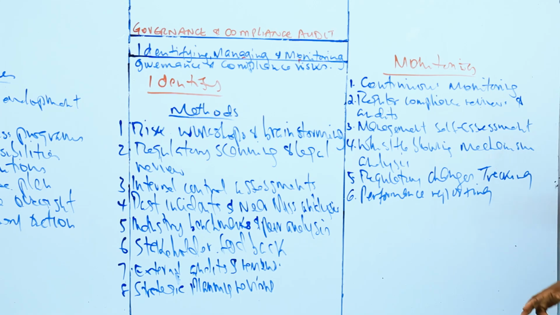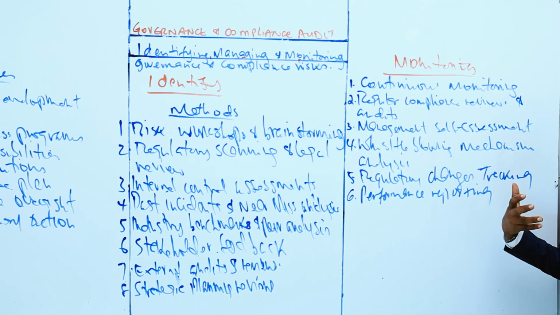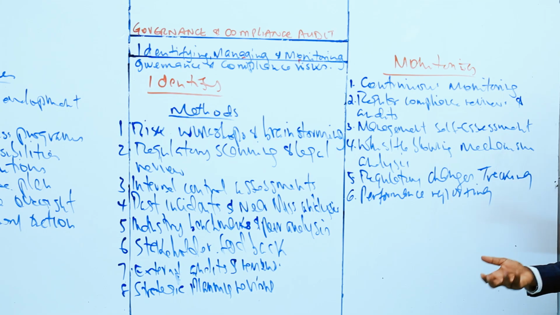These are regular reports to senior management and the board on the status of governance and compliance, including identified breaches, corrective actions taken, and also the overall risk profile. Performance reporting may also include metrics on training completion, policy adherence rates, and also incident rates.